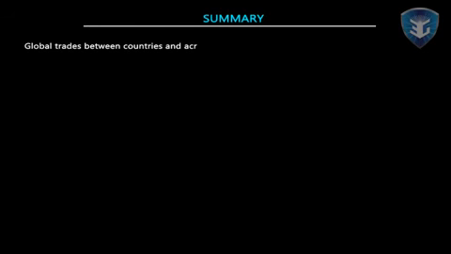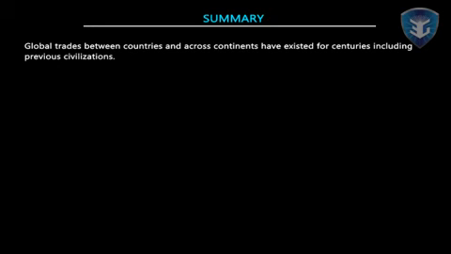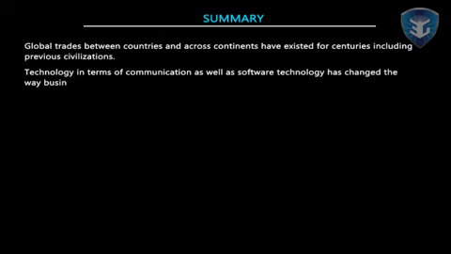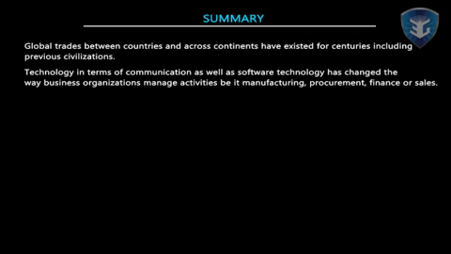Now in the end, let us summarize what we have learned in this lecture. Global trades between countries and across continents have existed for centuries, including previous civilizations. Technology in terms of communication, as well as software technology, has changed the way business organizations manage activities, be it manufacturing, procurement, finance, or sales.